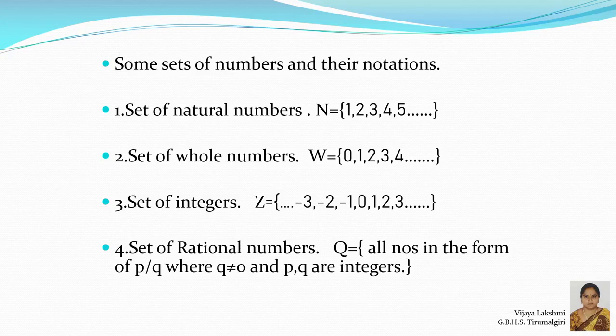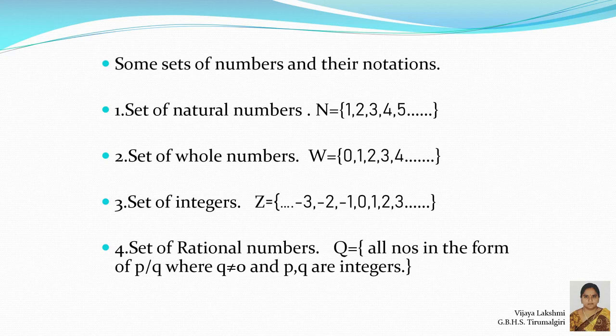Similarly, when I say set of whole numbers, W = {0, 1, 2, 3, 4 and so on}. So, we are putting dots there after 4. That indicates that there are infinite numbers and we don't know the ending number.